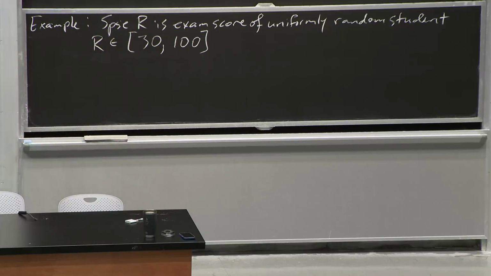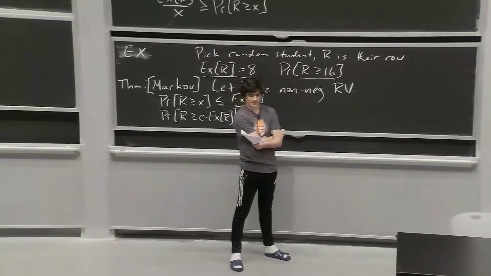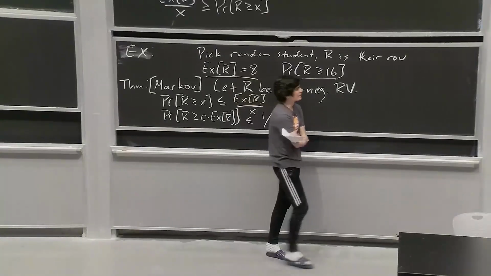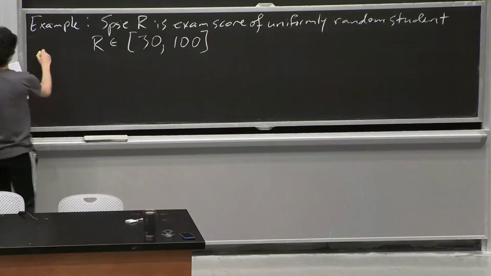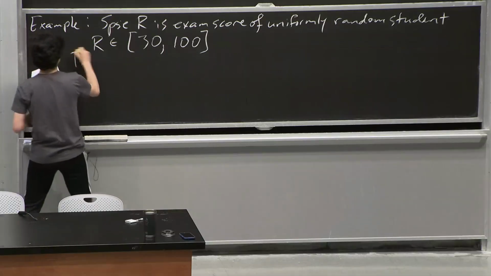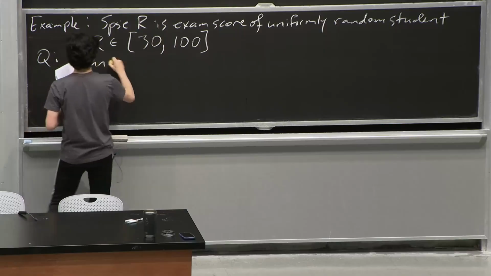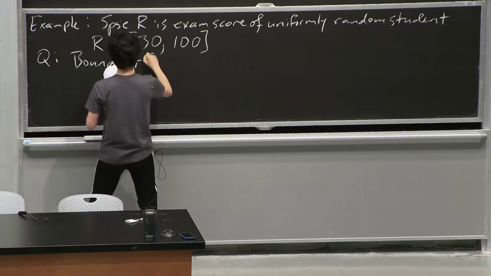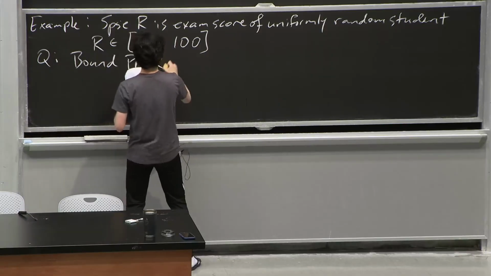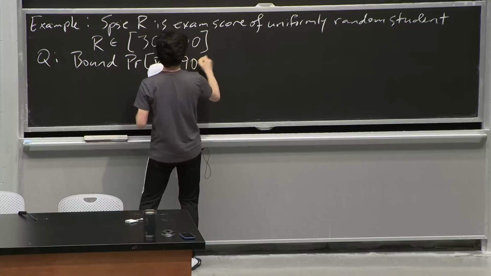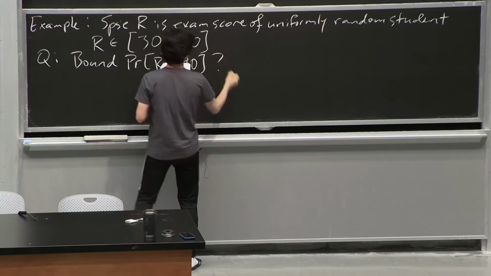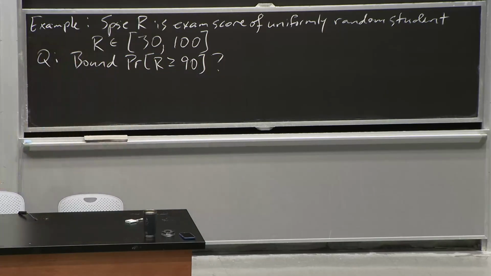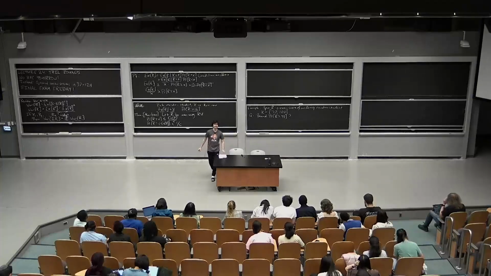Can we use Markov to bound the probability that R is at least, say, 90%? How might we do that?